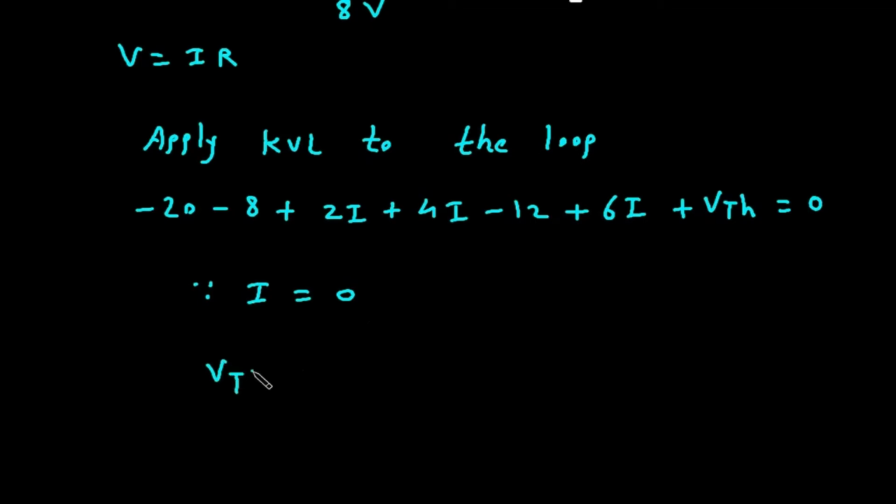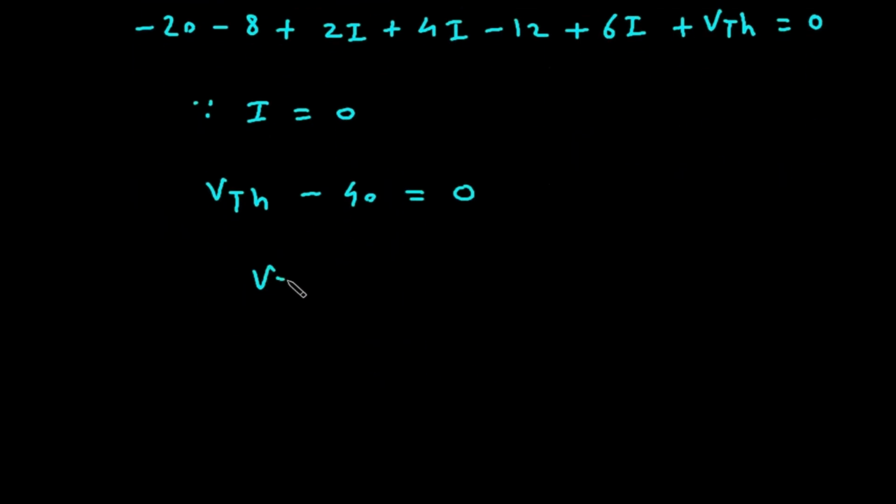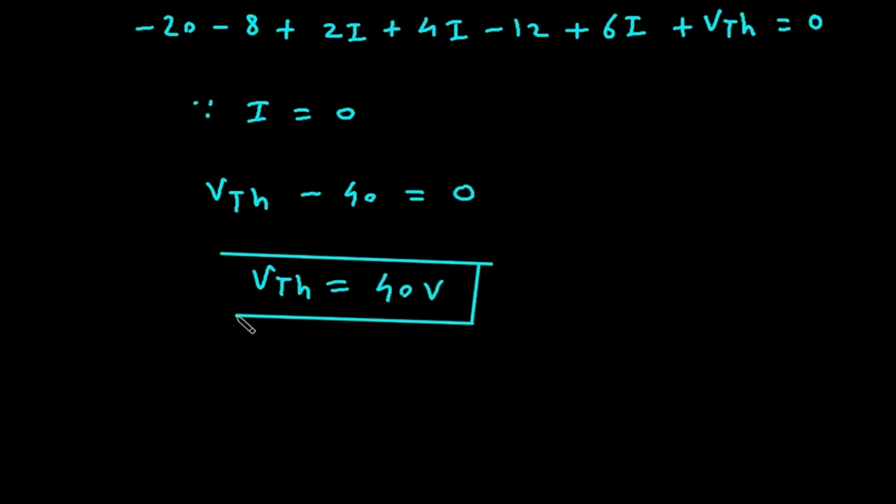So VTH minus 40 is equal to 0. Therefore VTH is equal to 40 volt. Minus 20, minus 8, then minus 12, so this will be 40 volt.